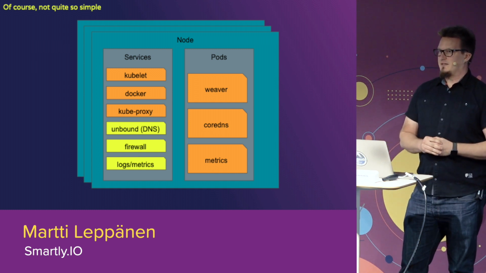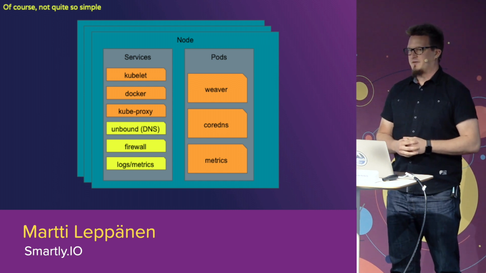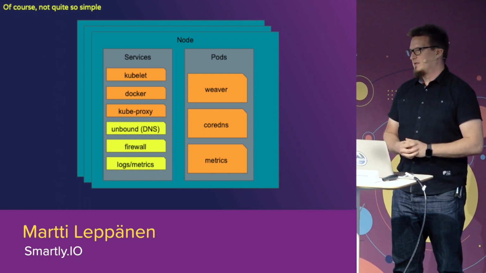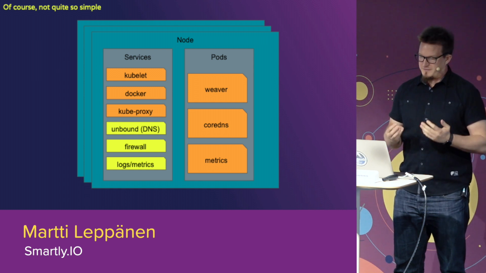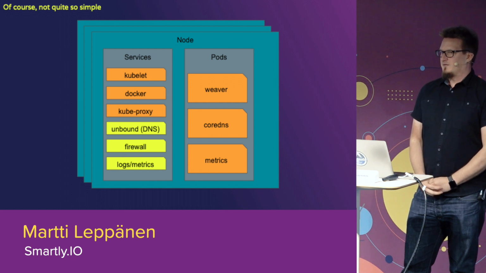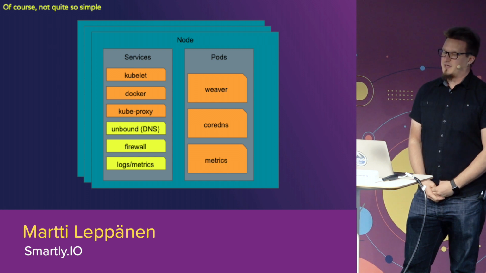And then obviously in pods as well, you have to have some method of gathering metrics. You can have Prometheus running as a pod, or some other system that gathers metrics from your Kubernetes system itself. So you definitely need to have ways of monitoring kubelet, monitoring Docker, monitoring Weave, and all of those services you're running.